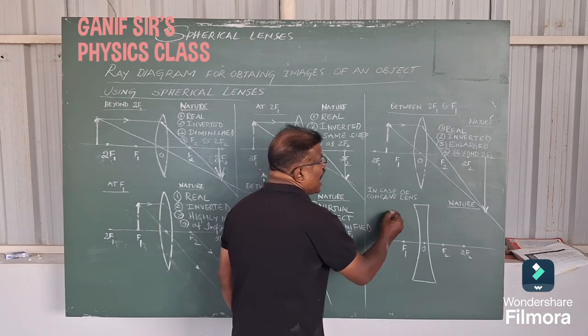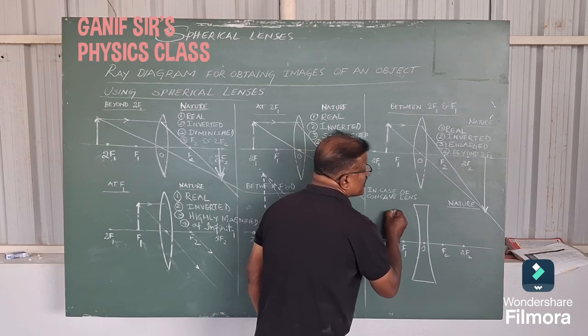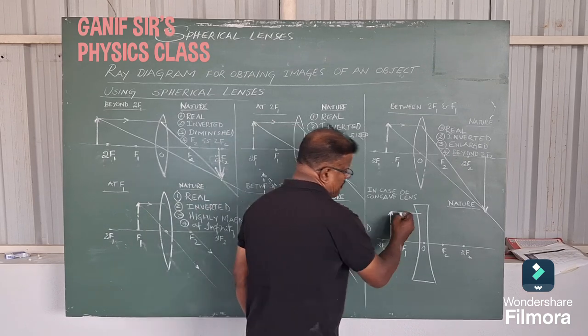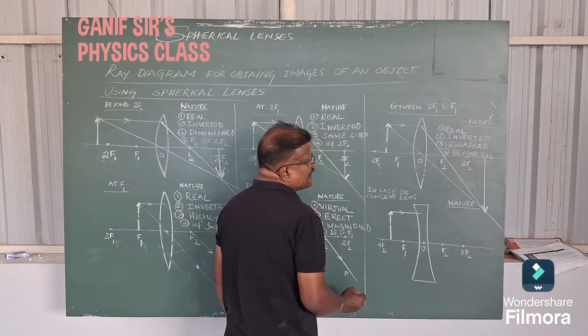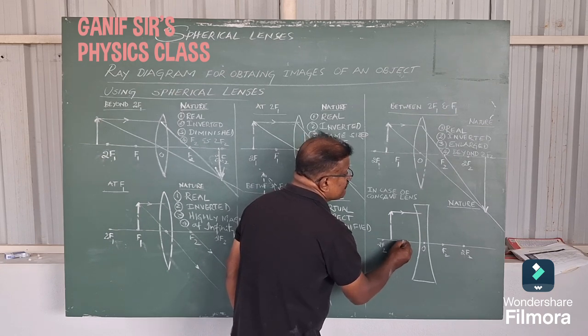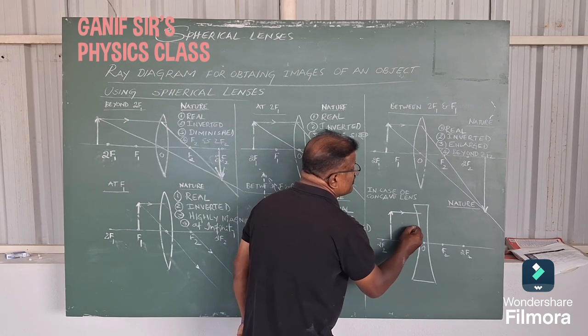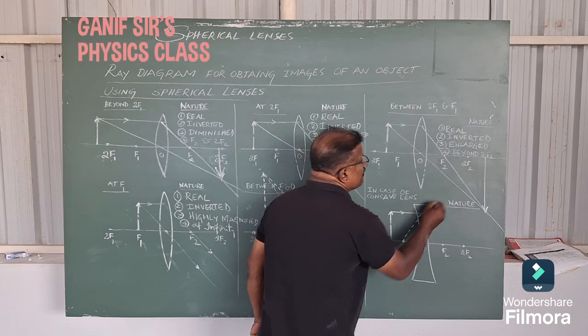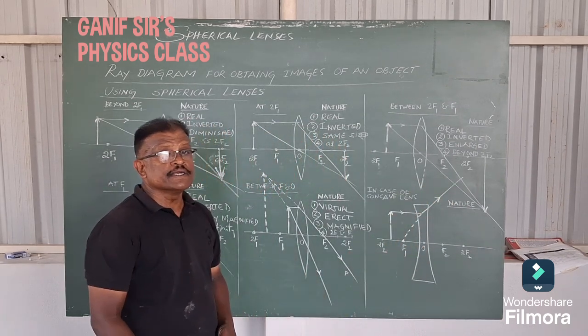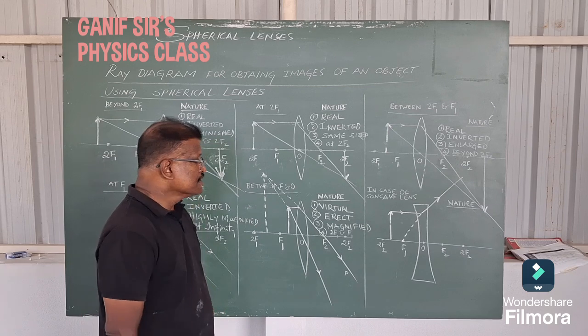Now let's see how we can draw the ray diagram. I am following here the first rule, a ray parallel to the principal axis, and what happens? It appears as if the ray has diverged from the principal focus, that we already know, the rule 1 in case of a concave lens.